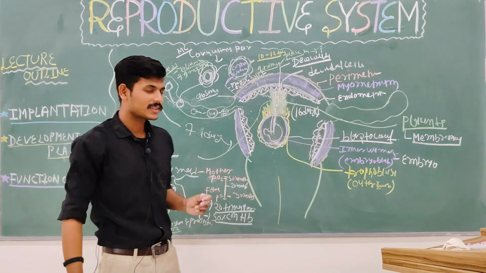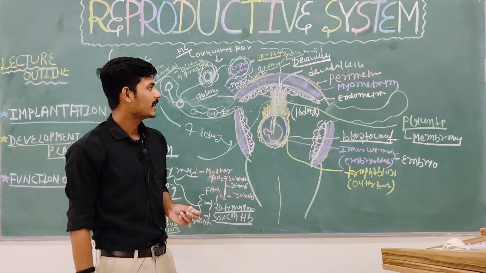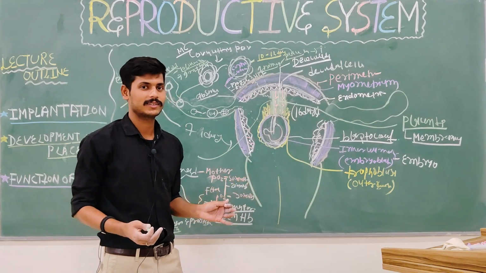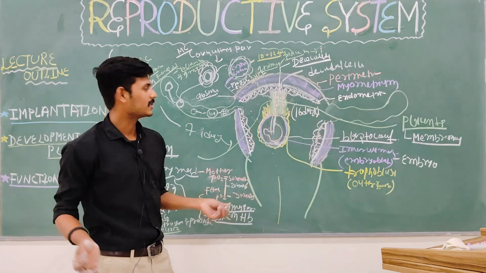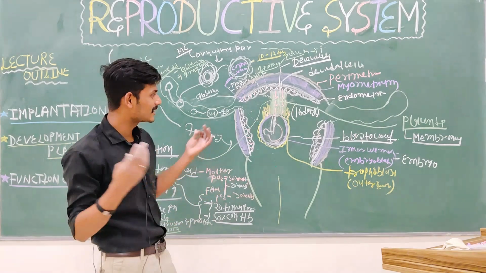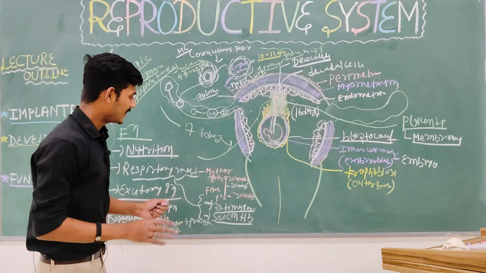And if you talk with old women, they will tell you if it is a boy, it will take more time, like 10 months, and if it is a girl, it will take 9 months. I don't know how they are measuring, but sometimes luckily they are right.